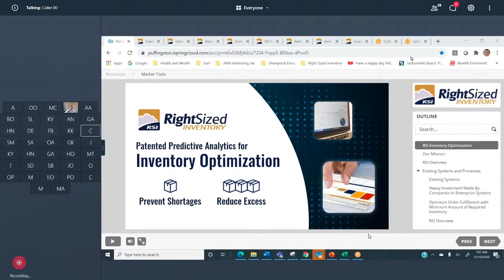So there's no disruption. There's no replacement of anything. We're just telling the buyers and the planners exactly how much of the right SKU mix to reorder and exactly when to reorder to ensure inventory optimization. Those are the secret sauces to inventory optimization when you really think of it.